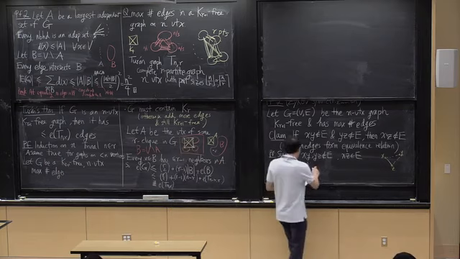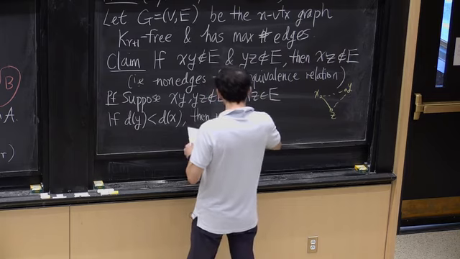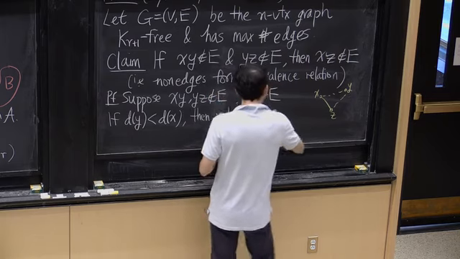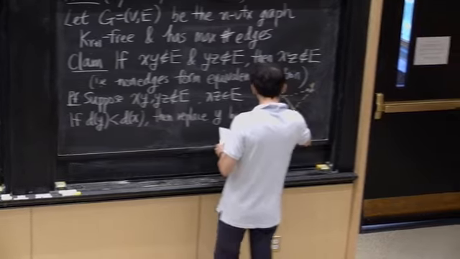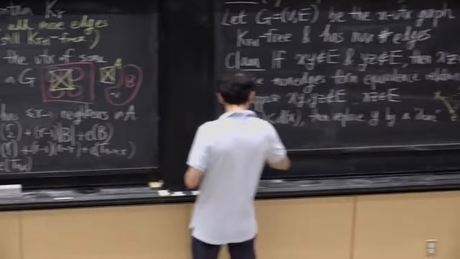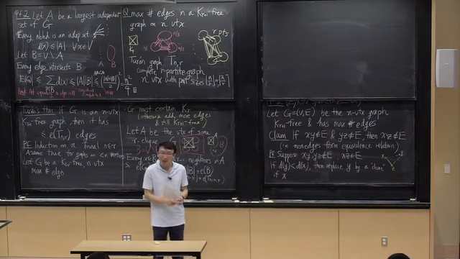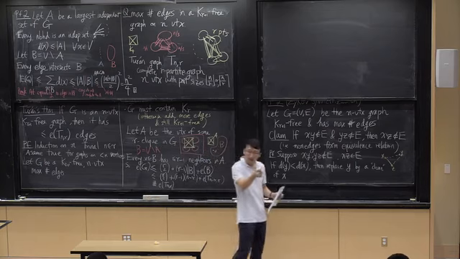Namely, I can replace y by a clone of x. So I chop off y from the graph, and I look at x, and I clone it.